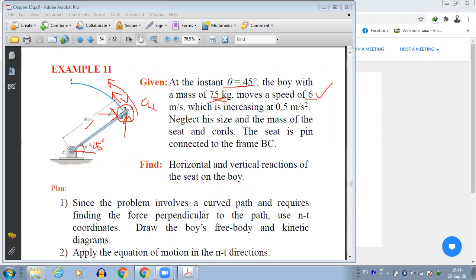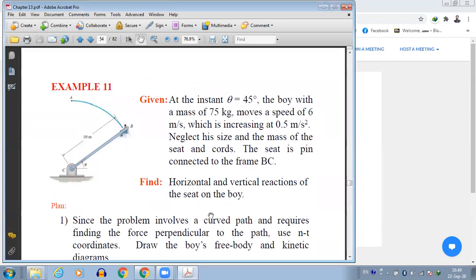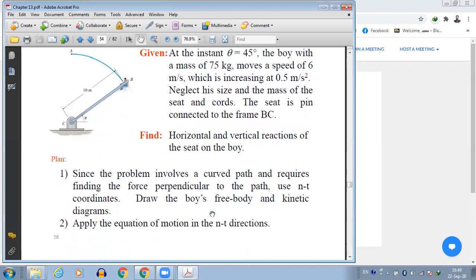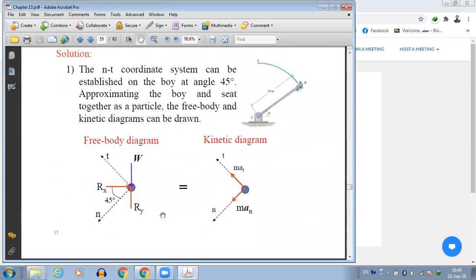Okay, good. So let me erase this. The first thing is that we need to draw the free body diagram. So the free body diagram would be like this. Now have a look at it here. This is the path.